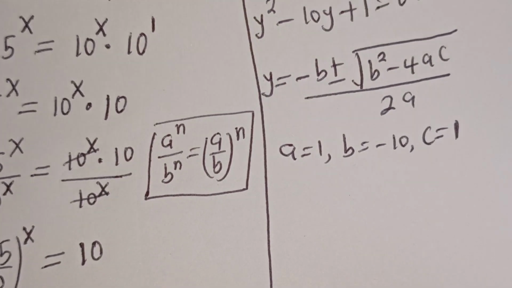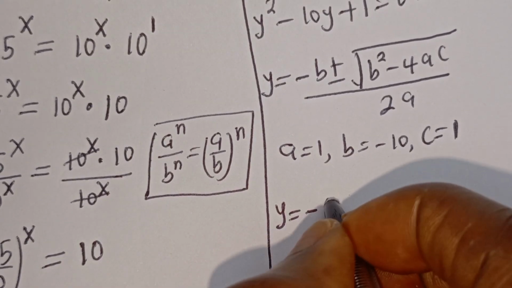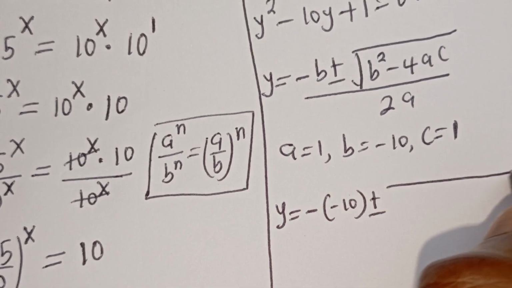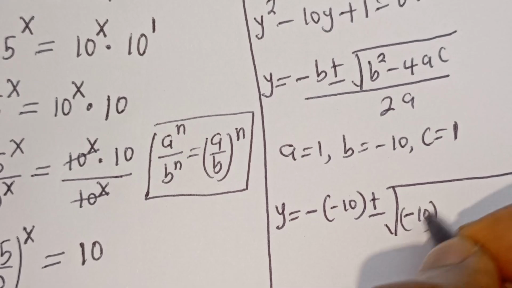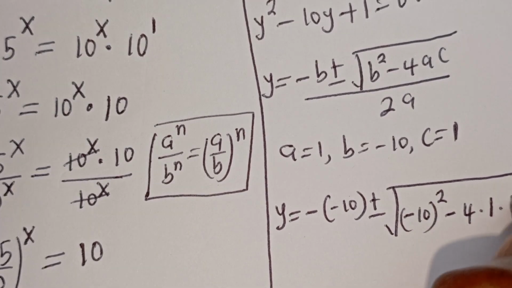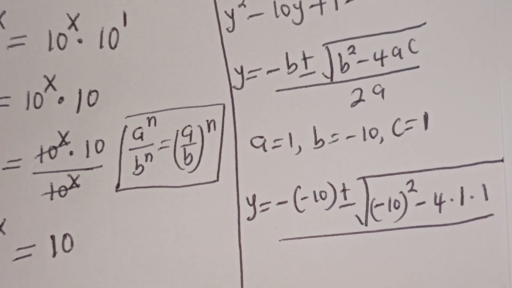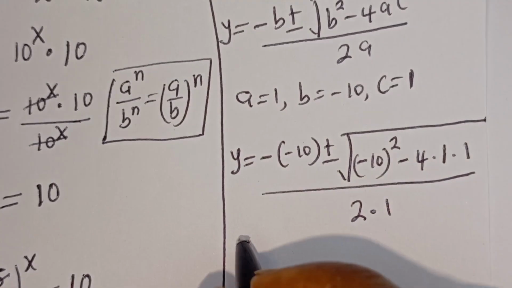Let's substitute. We have y is equal to minus bracket minus 10 plus or minus square root of minus 10 squared minus 4 multiplied by 1 multiplied by 1, divided by 2 multiplied by 1.